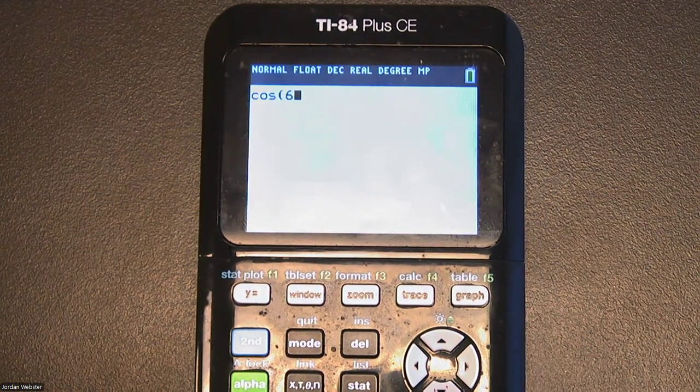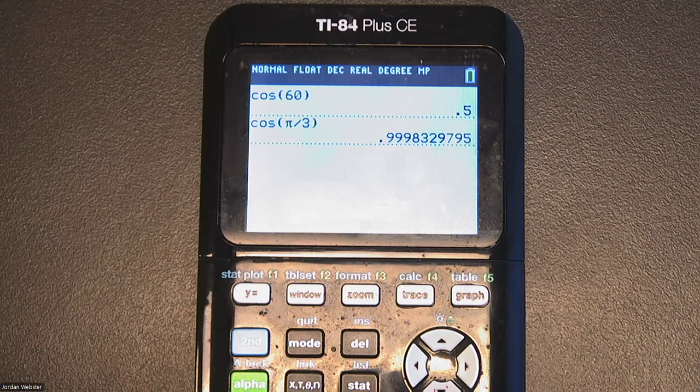If I put cosine of 60 and then I put cosine of pi/3, what this is telling me is that right now my calculator is working with degrees in the correct way, but not with radians in the correct way. Does that make sense? So we have to tell our calculator whether we're inputting in degrees or radians when we deal with cosines, and sines, and the other trig functions.